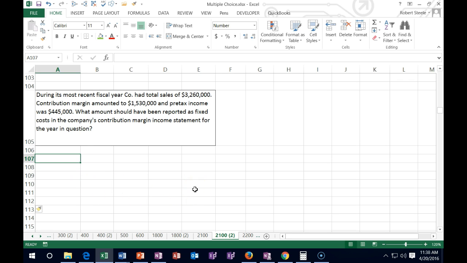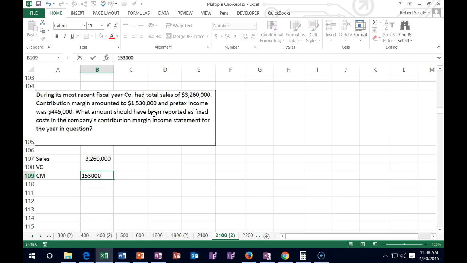This is the cost-volume-profit calculation, and we're going to start off with the sales, just like we would with an income statement, which would be in this case $3,260,000. But different than a standard income statement, we are going to subtract from that variable costs, and that will then give us the contribution margin. We don't know the variable costs, they didn't give us that, but they did give us the contribution margin, which happens to be $1,530,000.